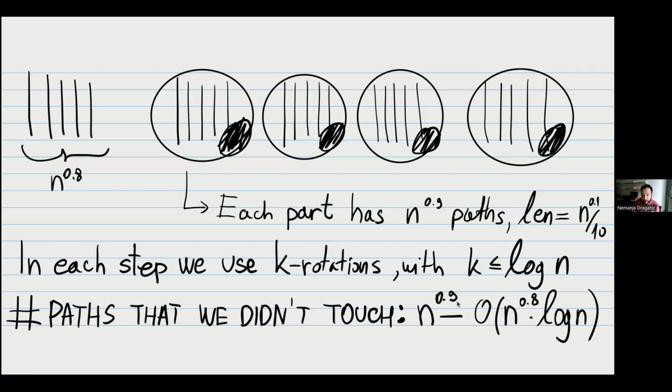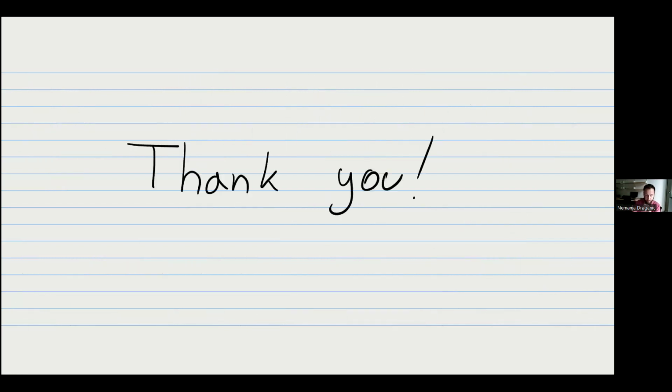And in the beginning, in each of these blobs here, I have n to the 0.9 many paths. So I really just touch a very tiny proportion of the vertices. So every time I try to do this procedure, I have linearly many vertices in these paths here, so I can actually iterate. And again, do the same procedure. Yeah, I'm slightly over time, so I guess I'll stop here. Thank you.